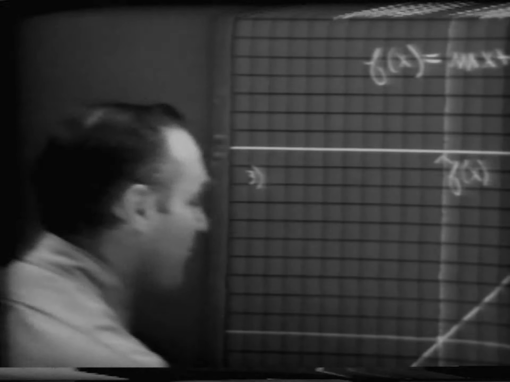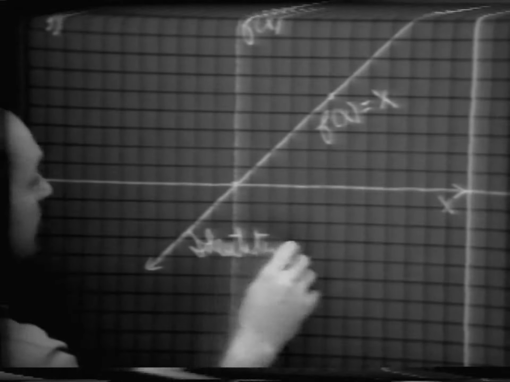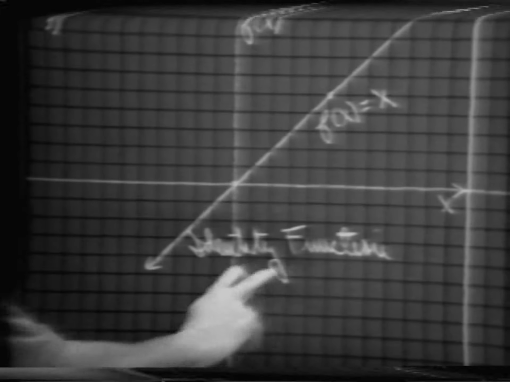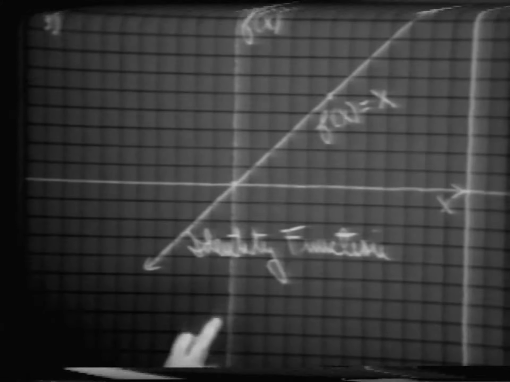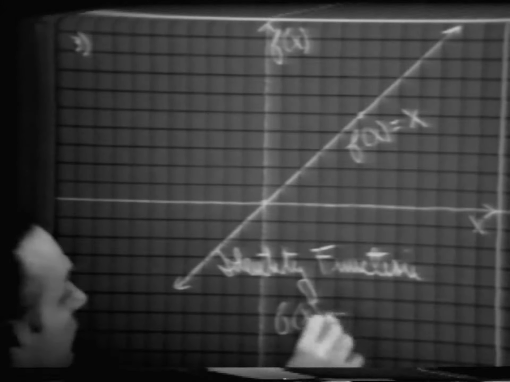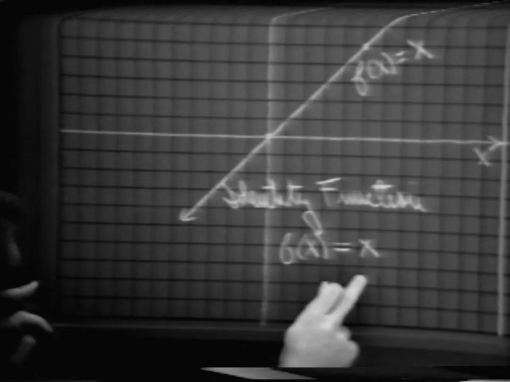Identity. An identity function. Very good. We're not going to work too much with this function as an identity, but indeed this is the name that we give it. Let me just repeat that. F of x then is equal to what? F of x is equal to x.